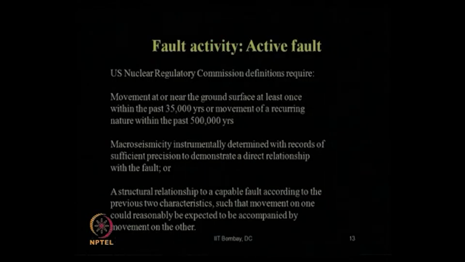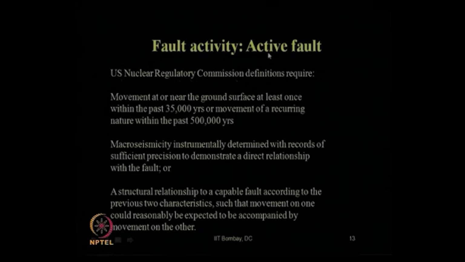Coming to the fault activity, we need to check whether that fault, of the various types of fault we have seen, is an active fault or a dormant fault. What is an active fault? That is where the occurrence of earthquakes still keeps on happening. Now, let us see what guidelines are available in various specifications or codal stipulations, like the US Nuclear Regulatory Commission.